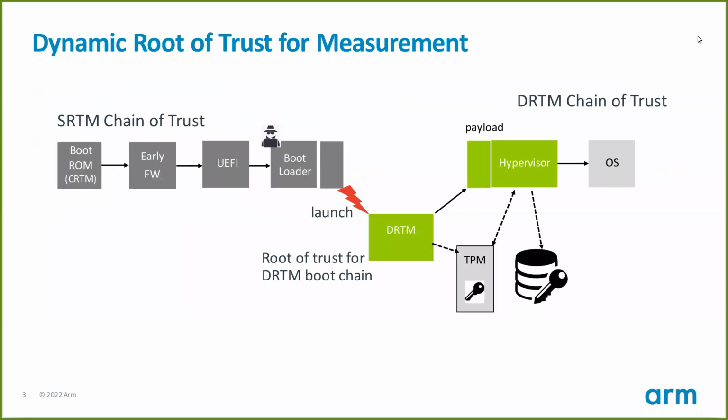So this is the introductory picture of DRTM. What we are covering now starts from the launch of DRTM. The current implementation is focusing on preparing the system for DRTM launch and then handing over the data to the payload.